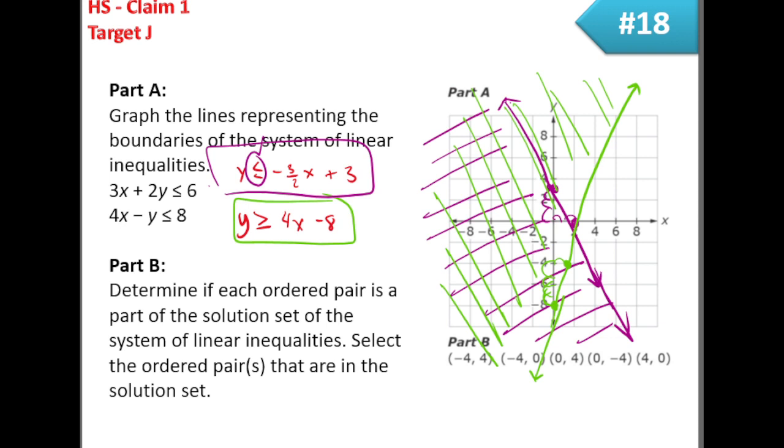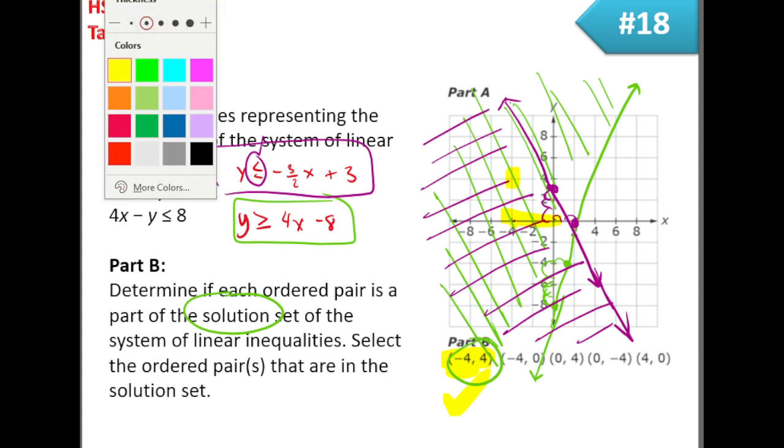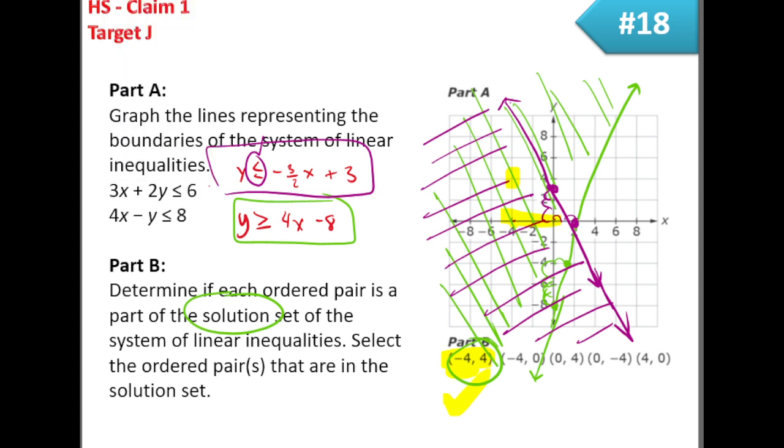So determine if each ordered pair is part of the solution set. So -4, 4. Is that a solution? Yes, it is. How about -4, 0? Let's use red.